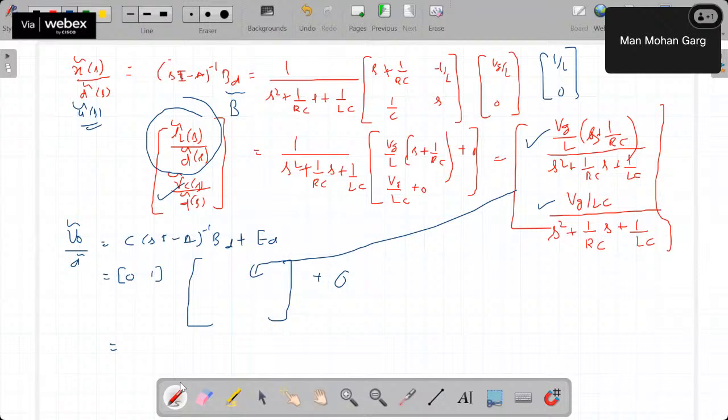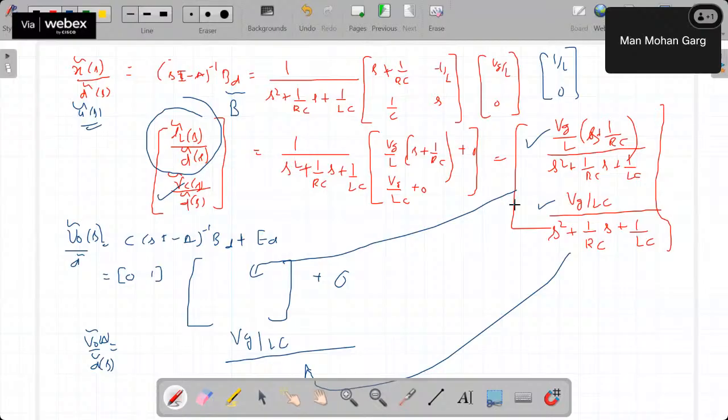So this will be Vg upon LC upon whatever this denominator is, right? So V0 upon D is the same as Vc upon D.